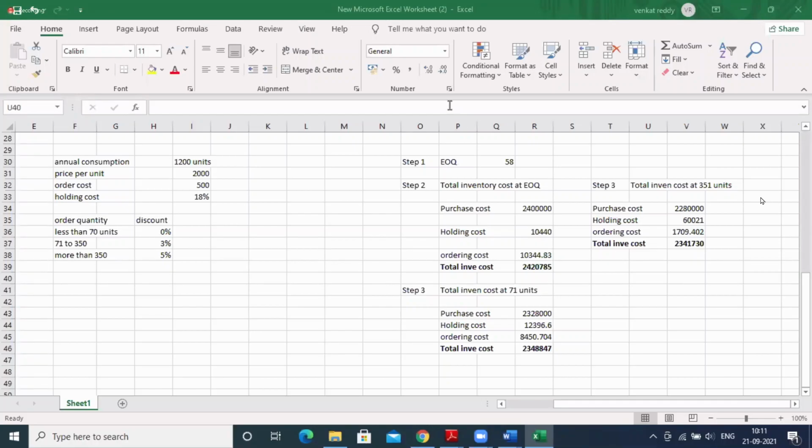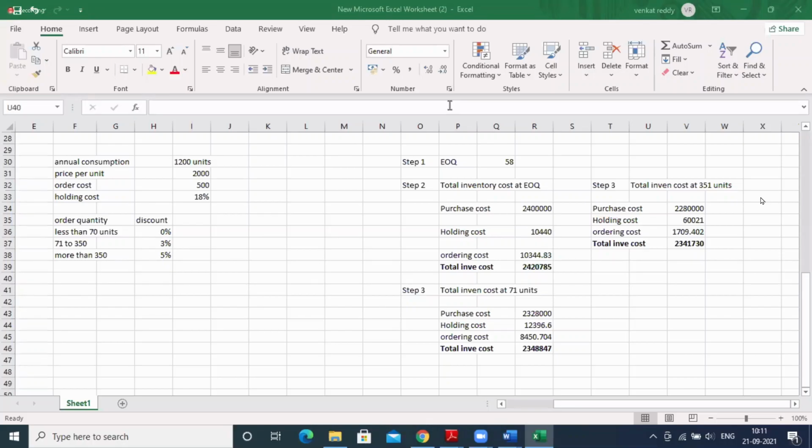So this is the complete concept of inventory management. So this is the exact standard of question you will be expecting in the exam. And at least you can expect minimum 8 to 10 marks for this.